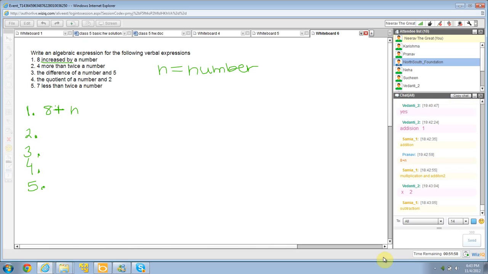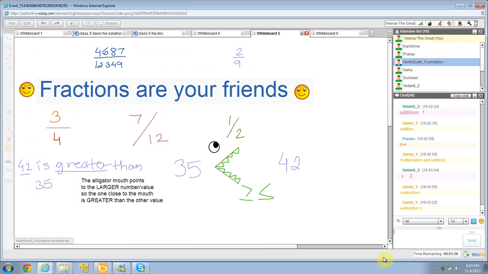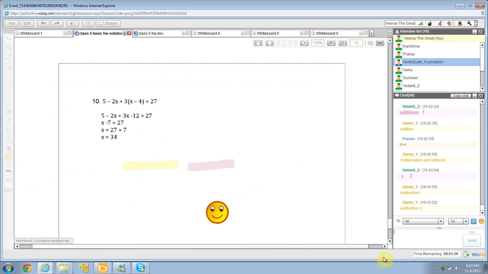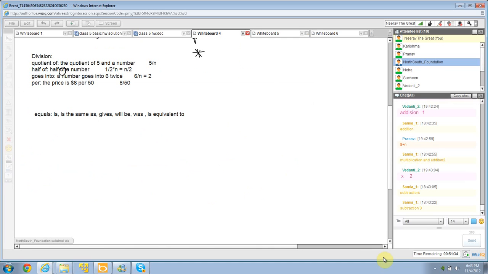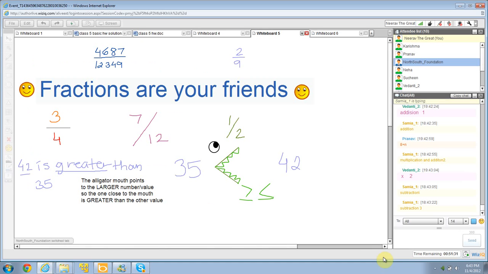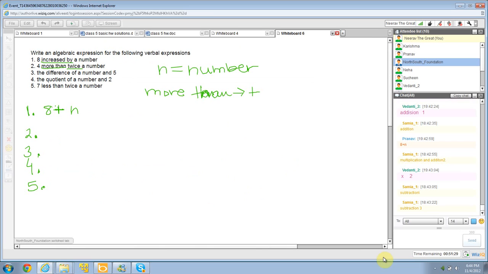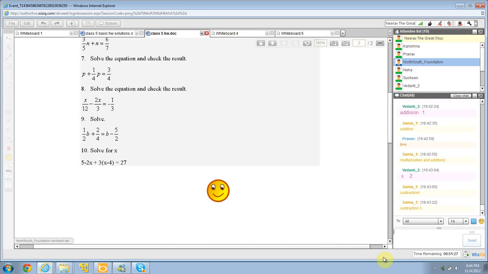Okay, so number 2 is saying 4 more than twice the number. So this more than means plus. Twice the number, remember the twice, means multiplication.